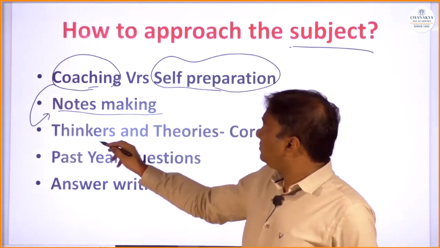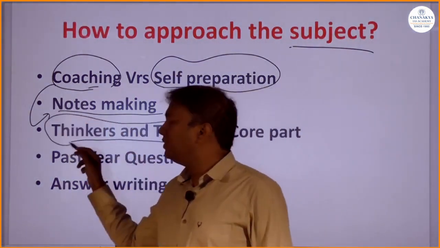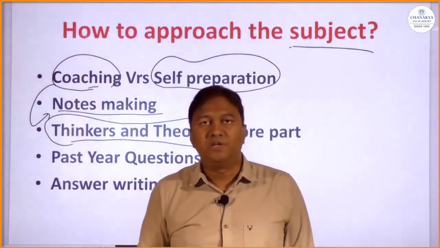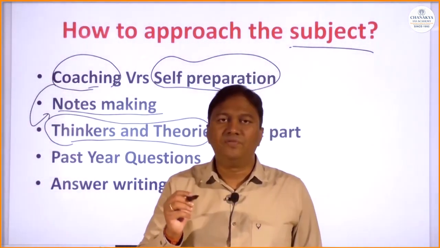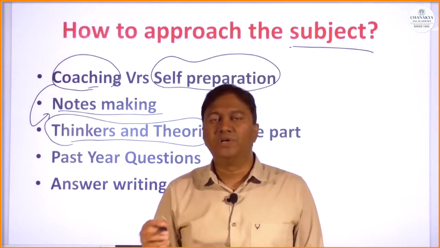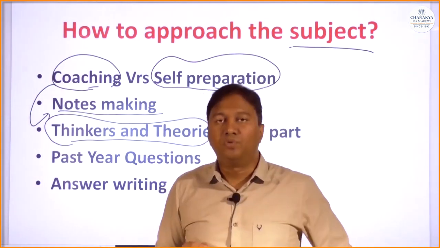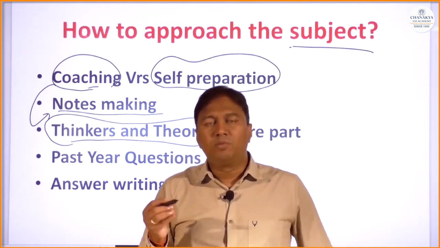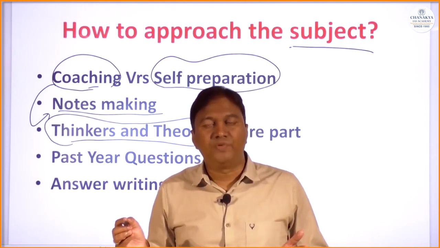Now, third thing is that thinkers and theories, which I already told you, is the core concept of this subject. So whenever you are studying thinkers or these theories from anywhere, from coaching or some book, just make sure that you invest maximum time to this. What I have seen is that normally students think that political science we have to complete in 4 to 5 months.